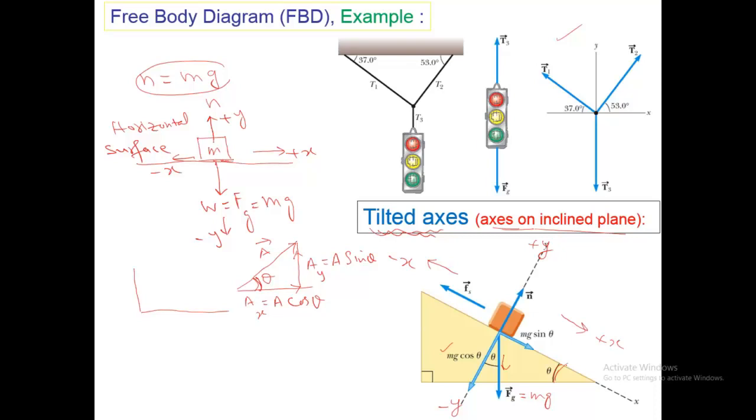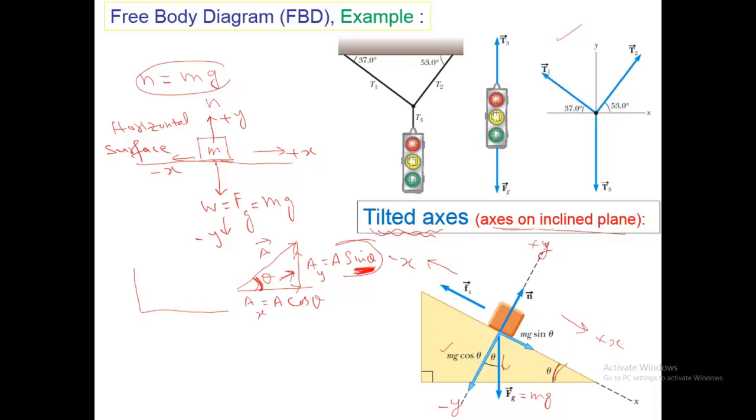The side opposite to theta, in front of theta, has the sine component. Again, this is theta. The side in front of this theta has a component with sine theta. Of course, the other one is cosine theta, and this is the vector a itself.